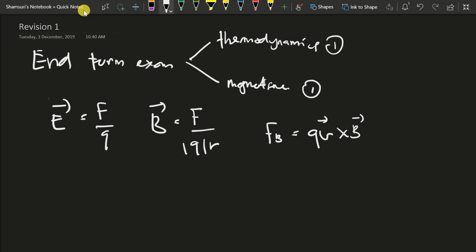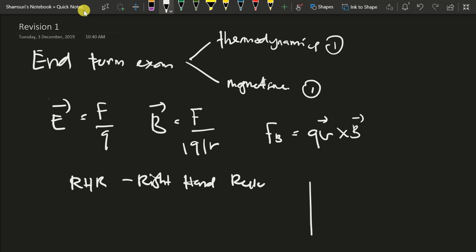Then I also mentioned to you previously, if you remember, the right hand rule. So I can put here right hand rule. What is the right hand rule?